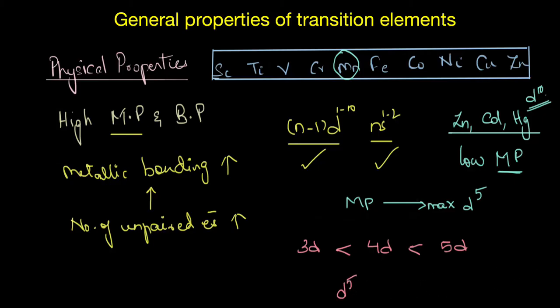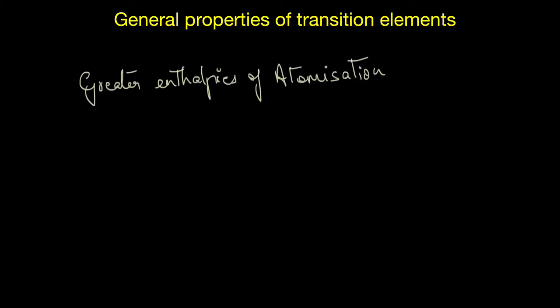Now, another consequence of more number of d electrons is the greater enthalpies of atomization. This is because, as we mentioned in the case of melting point, more number of d electrons or more number of unpaired electrons or valence electrons results in stronger metallic bonding.